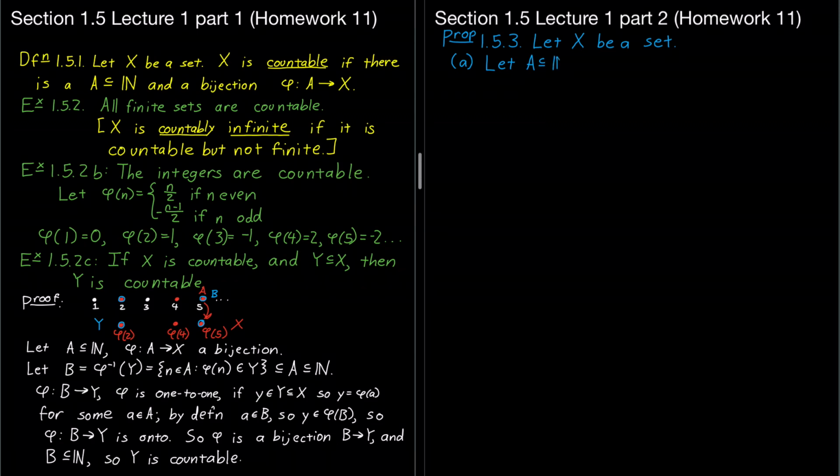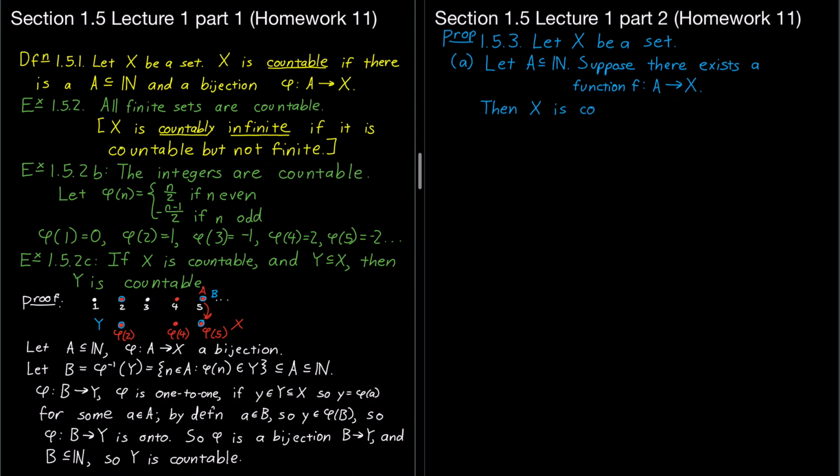Let A be a subset of the natural numbers, and suppose there exists a surjective function f that goes from A to X. Then X is countable.